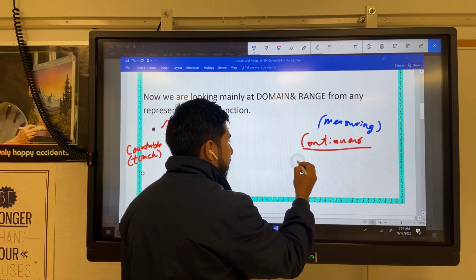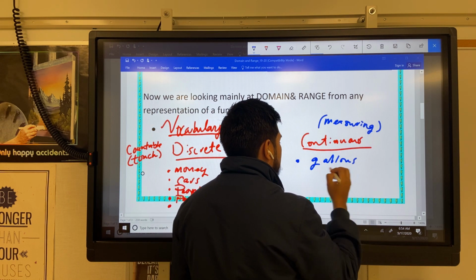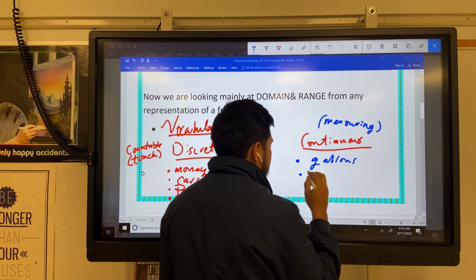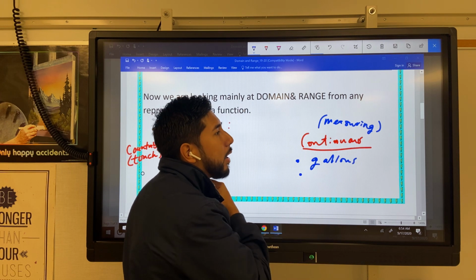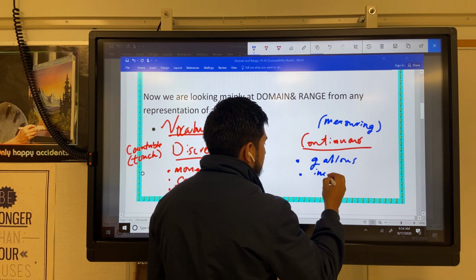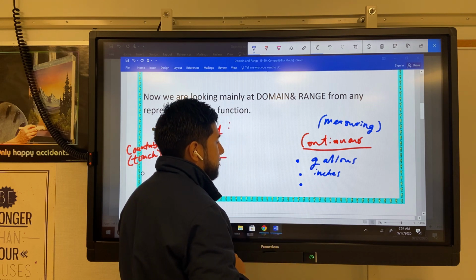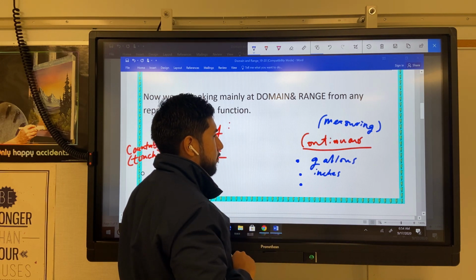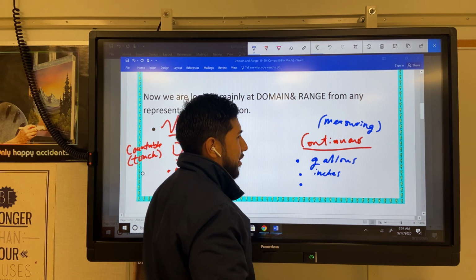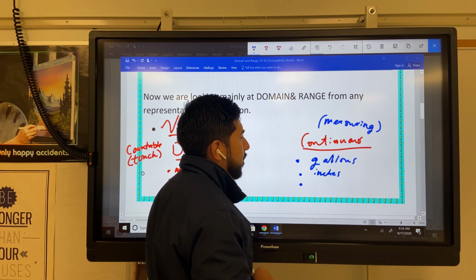So a couple examples on that are gallons, water, or I mean gallons and water are the same. Inches. I really don't know. When you read it, you can tell the difference. I promise.